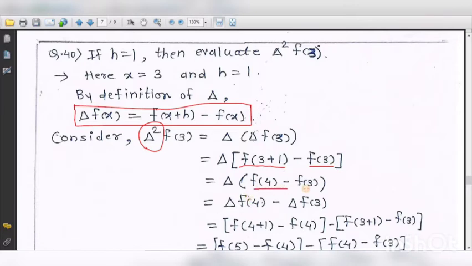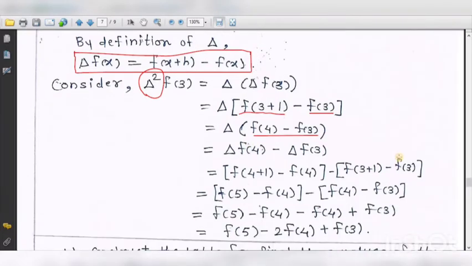What is it? F of 4 minus f of 3. So again applying delta on f of 4 and f of 3. We are solving this bracket. It is not multiplication. We are operating this delta on f of 4 and f of 3. So the first term is delta f of 4, minus, this sign will be as it is, delta f of 3. Again use the definition.